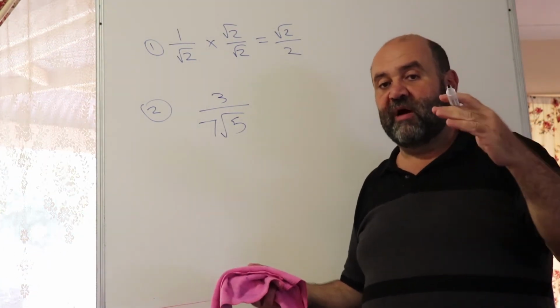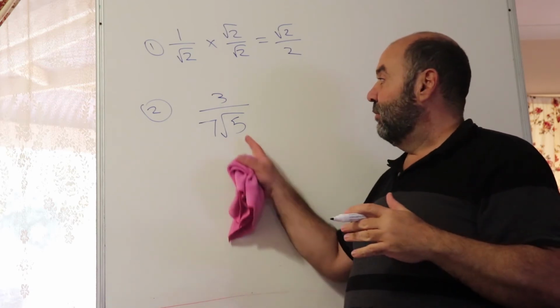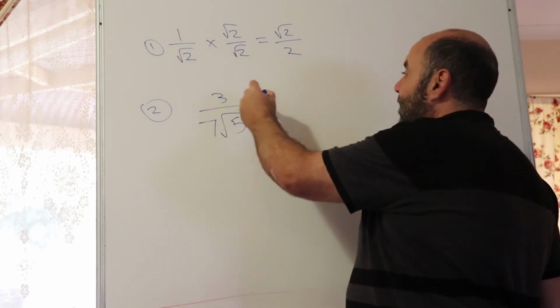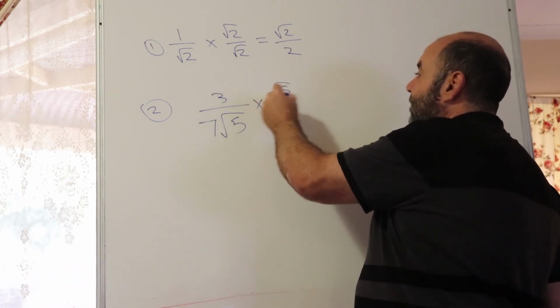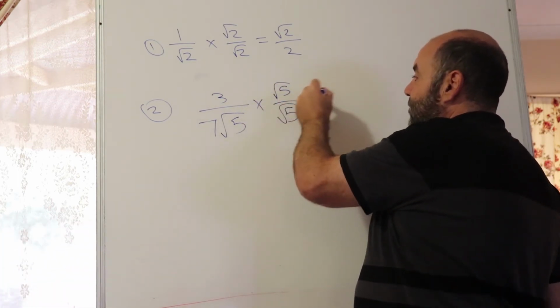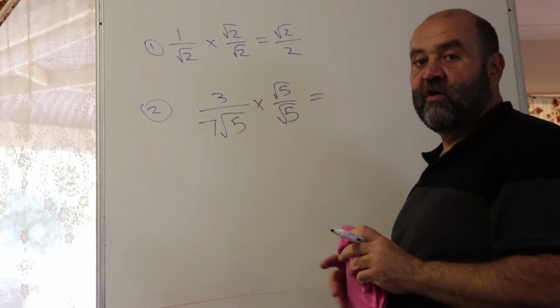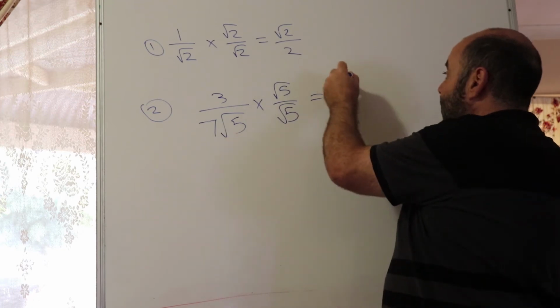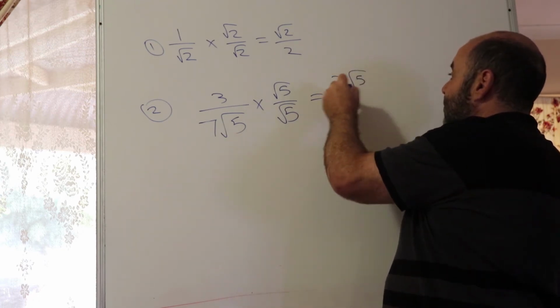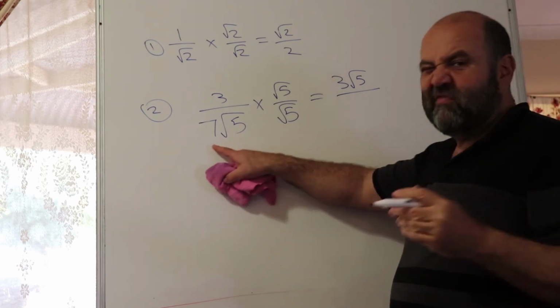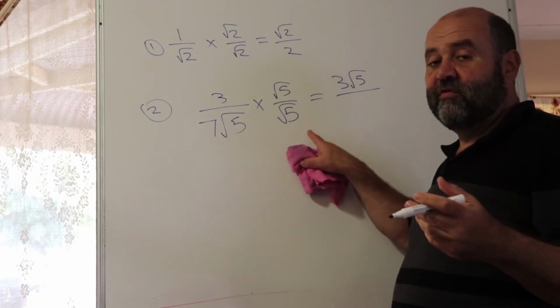I'm going to multiply above and below by that square root part, the surd part. So I'm going to multiply by root 5 over root 5. On top I've got 3 times root 5, which is 3 root 5. On the bottom I've got 7 times root 5 times root 5.